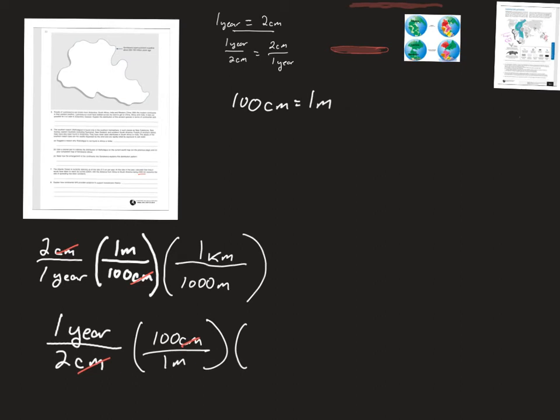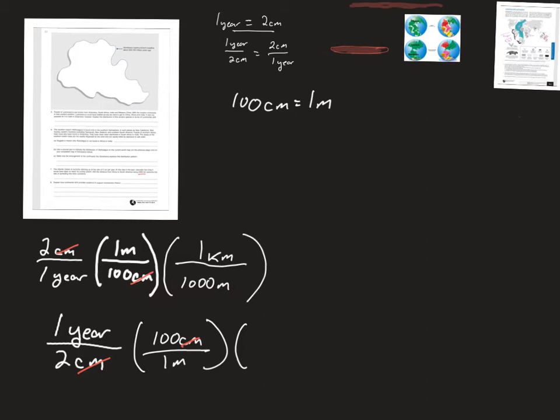So in 1 year, it would have moved 2 centimeters, but I got rid of centimeters. Now I got meters. If you think about it, if you just stop right now, it would take 1 year to move 2 centimeters. If you did the math, it would take 100 years to do 2 meters, right?